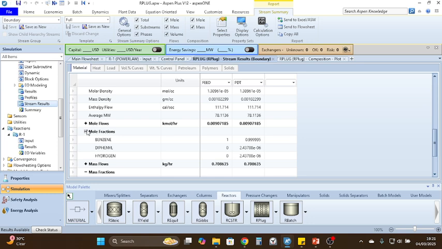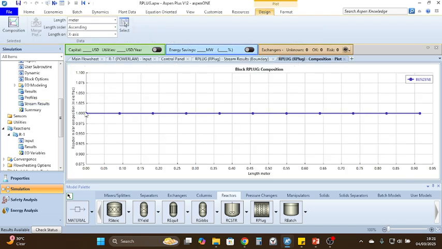So this is how you can plot the variation of the composition of the reactant with respect to the length of the reactor. The consumption of benzene is very less, so that is why there is not much variation that you can see inside the graph. If there was consumption of benzene, then you would have seen a variation in the graph over here.